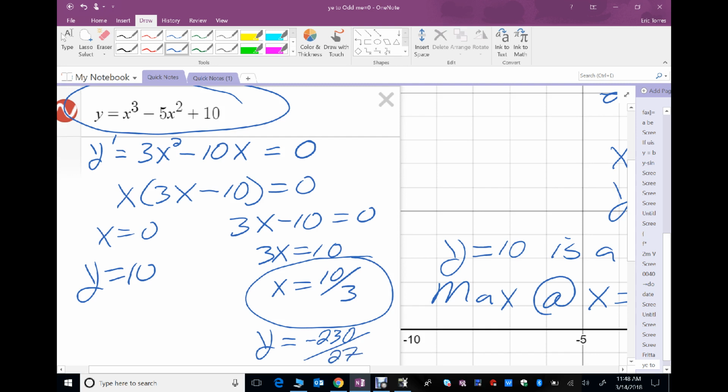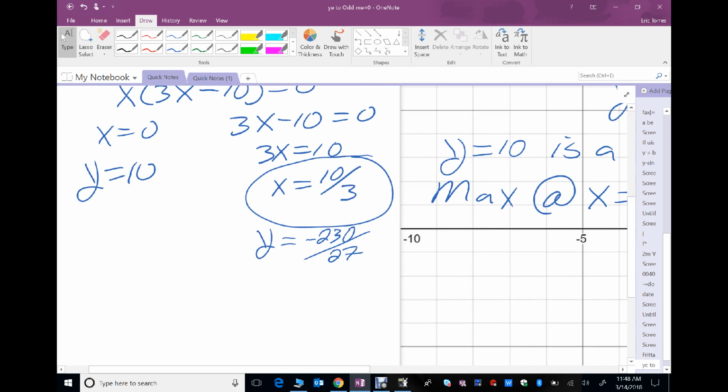And again, I can say that negative 230 over 27 is a local minimum at the x value 10 thirds.